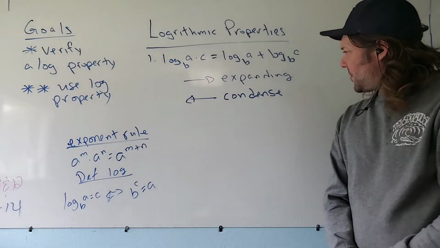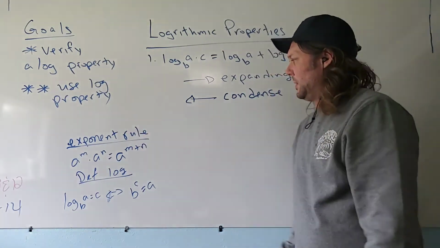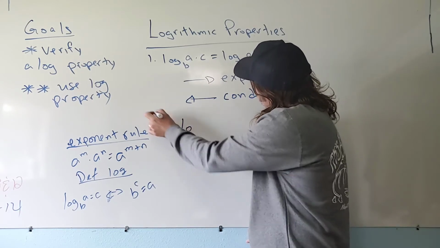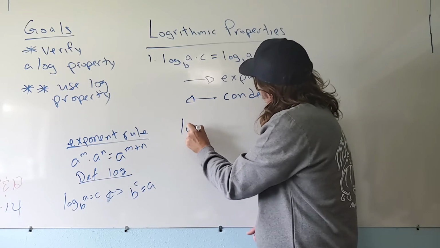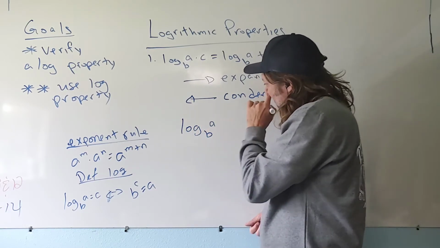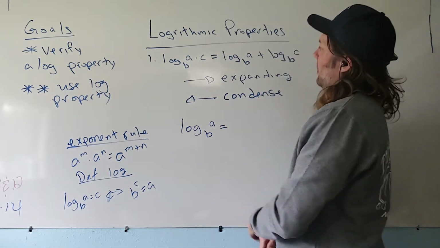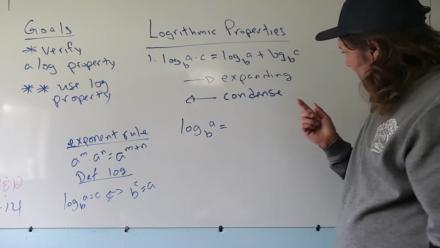So what I'm going to do is start off with two separate logs. So here's my argument. I'm going to verify the first goal. If I have log base b of a, I'm going to say that is equal to some letter, let's call it m.